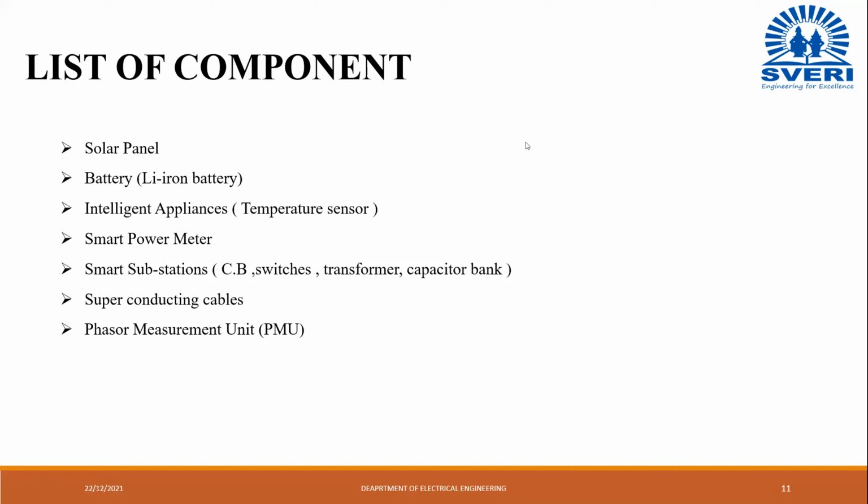There are several types of battery like nickel cadmium, lead acid battery, and lithium ion battery, but we use only the lithium ion battery because it has higher energy and greater efficiency. Next one is intelligent application, like temperature sensors. Temperature sensors are required.